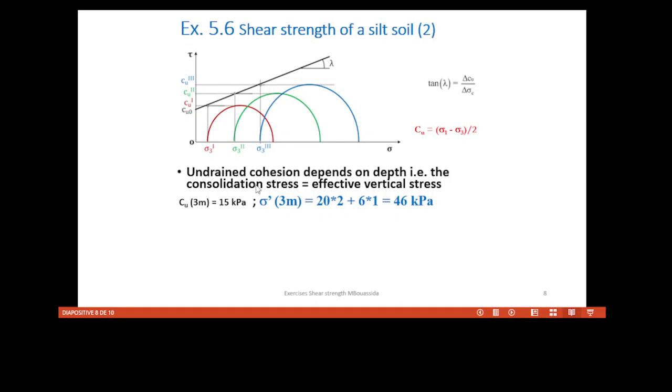So let us calculate the effective stress at 3 meter, as we did for the one at 8 meter. So it will be 20 by 2 plus 6 by 1, 46.